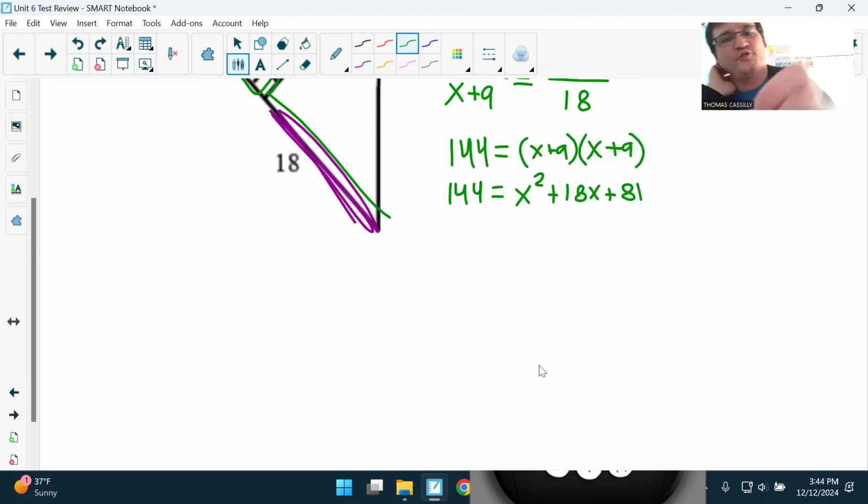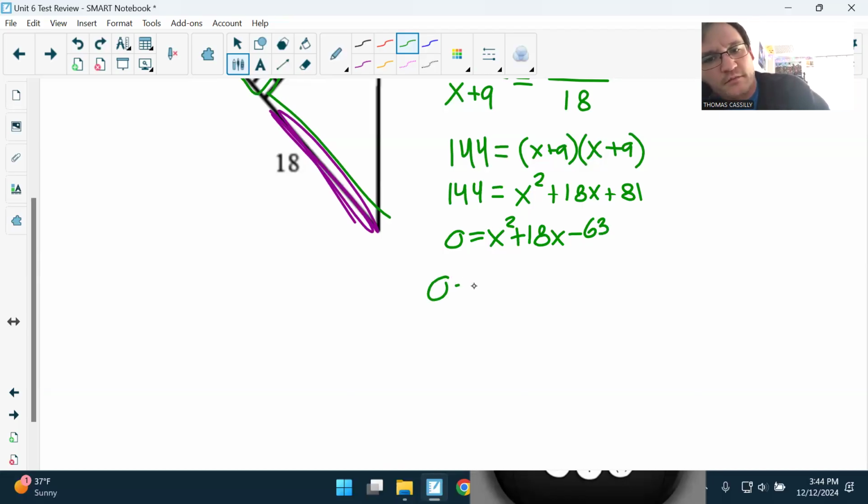Another factoring problem, subtract the 144 over. We're going to have x squared plus 18x, and 81 minus 144, that's a negative 63. All right, so what number is that going to be? Yikes. We have 0, and then in parentheses, x times x gives us that x squared.